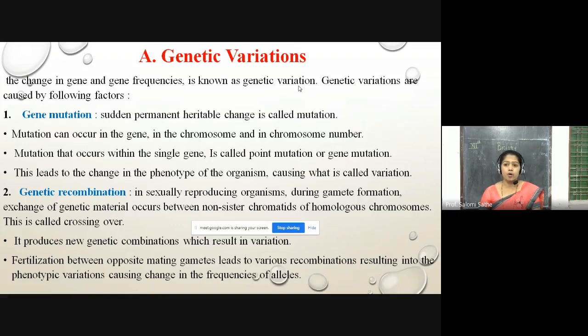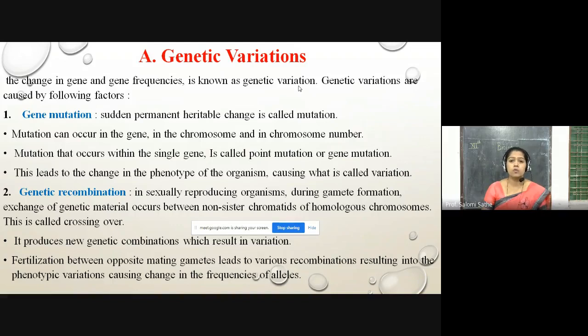It decides which kind of offspring will be produced, male or female. Here the non-sister chromatids of homologous chromosomes, this is called crossing over.